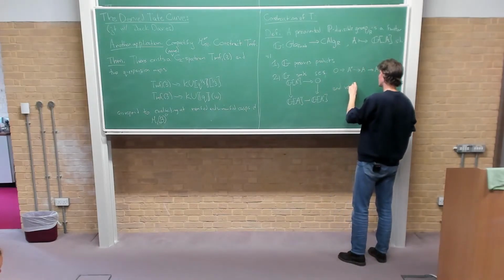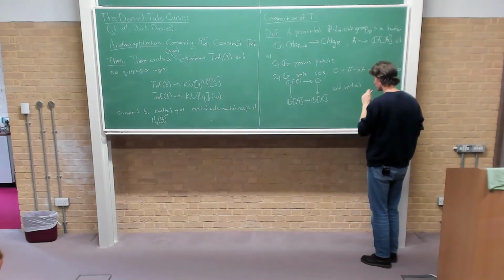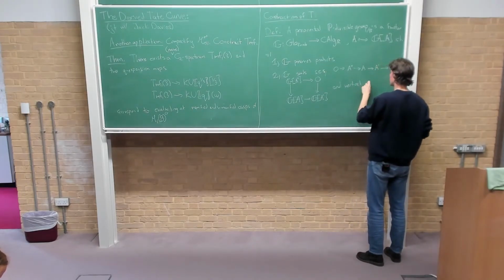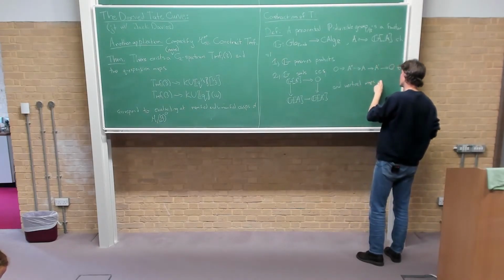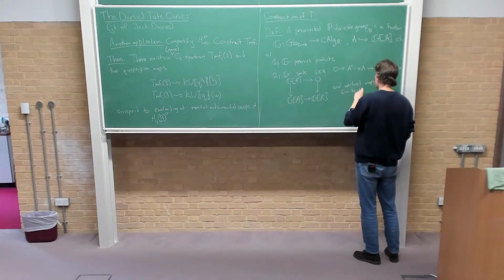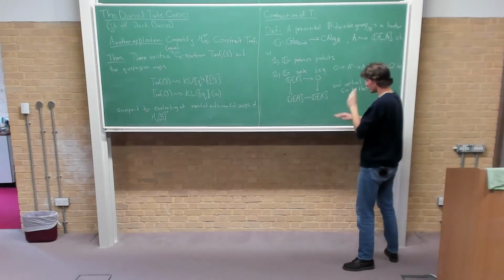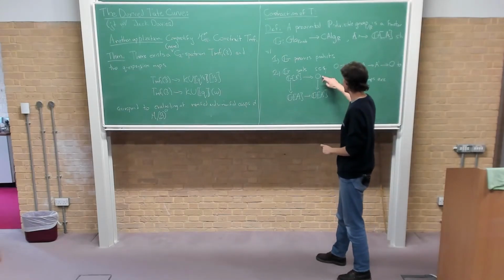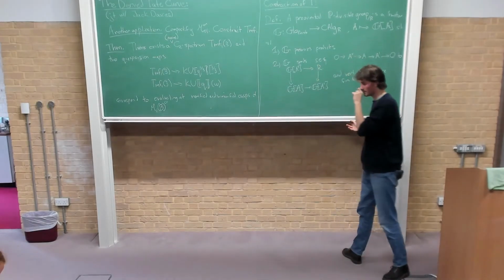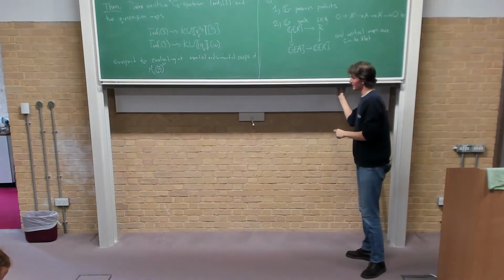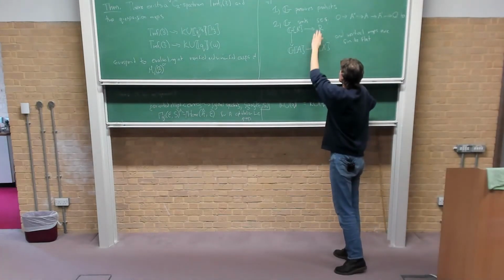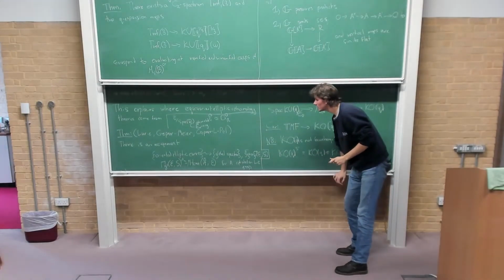And also the maps associated to injections of finite abelian groups are finite flat. So in particular, G of A, for all A, is a finite flat algebra over R.